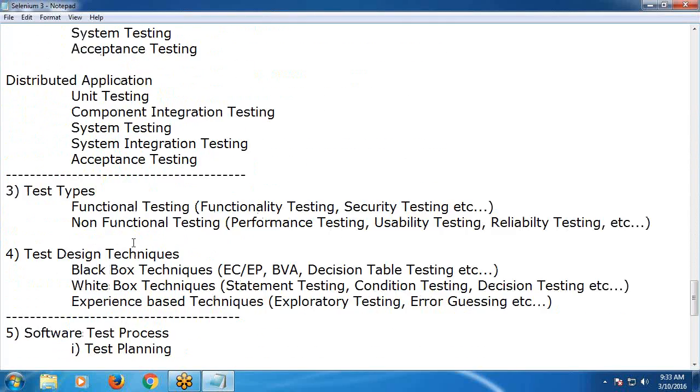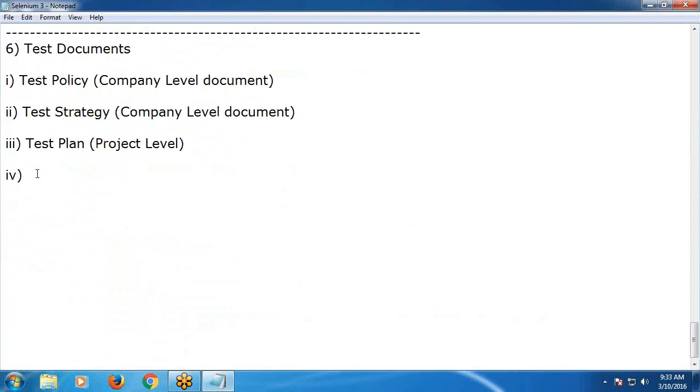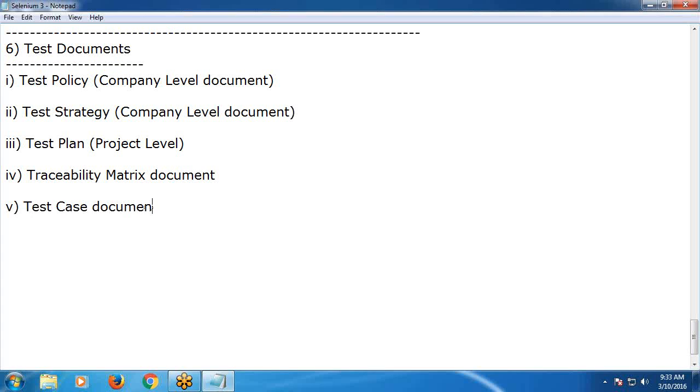This is also a testing related document. Next, test case documents, one or more.